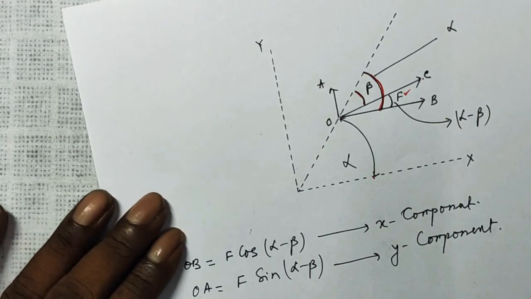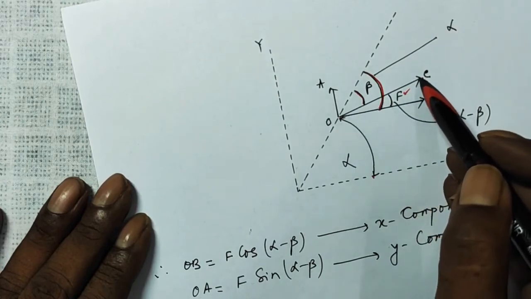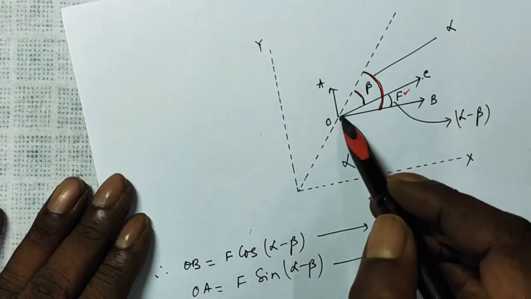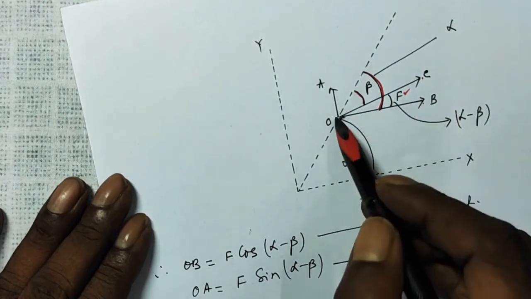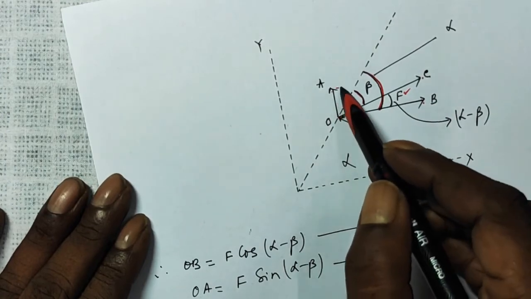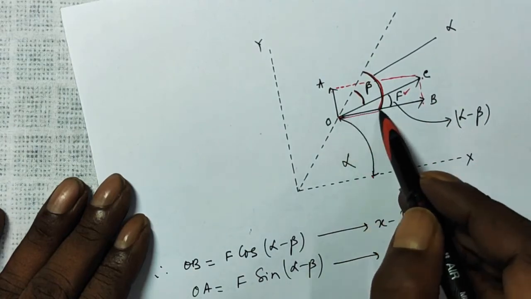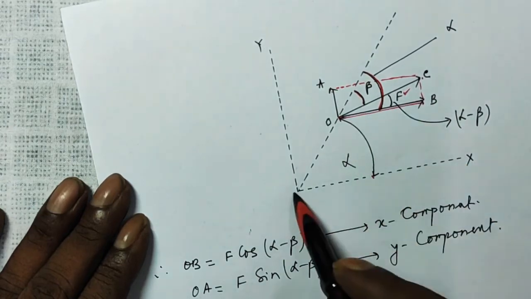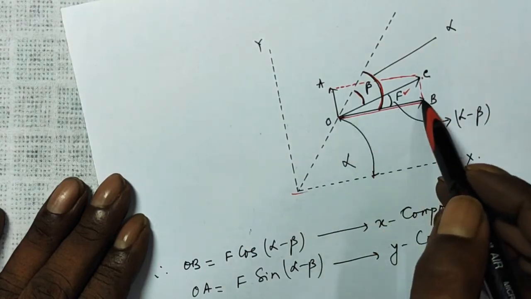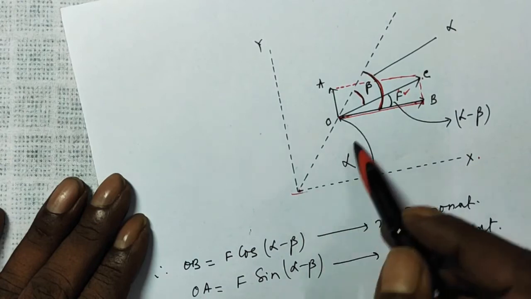Now I have to break this force F into two rectangular components. One component is OB, one component is OA. Since this line, which is along x-axis, therefore line OB, the component of the force F, is this one.